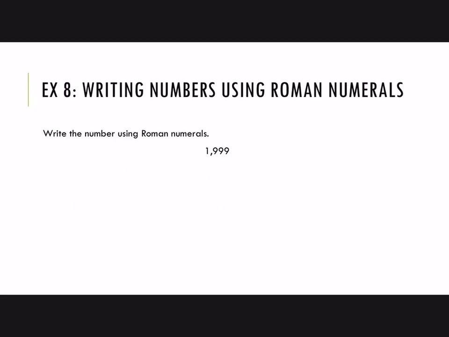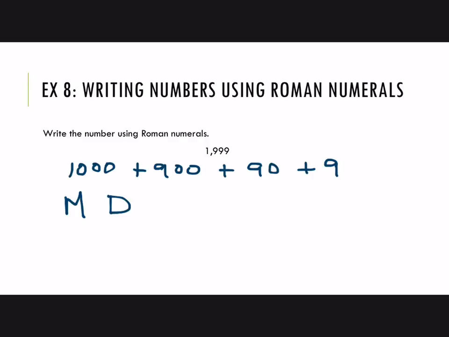Okay, how about 1,999? So we'll look at 1,000, 900, 90, and 9. 1,000, we have a symbol for that. 900, I'm going to need to write that as 500s and 100s. So 500 would be D, and then 4 100s, and then that's a clue that we shouldn't do that, right?